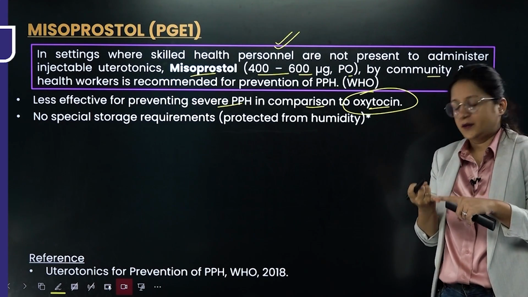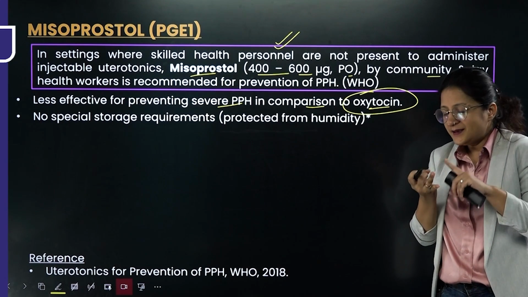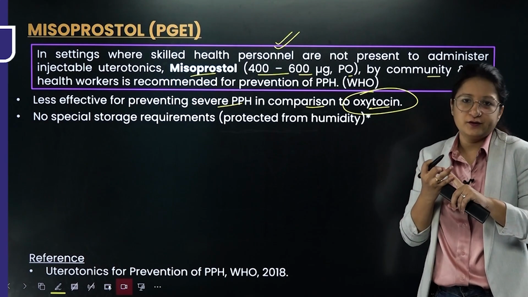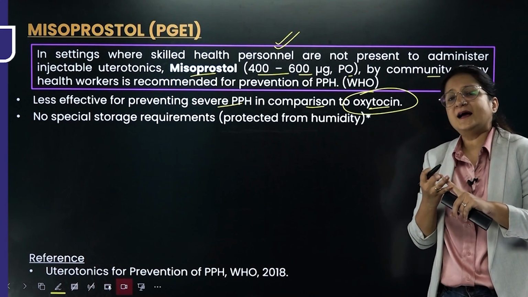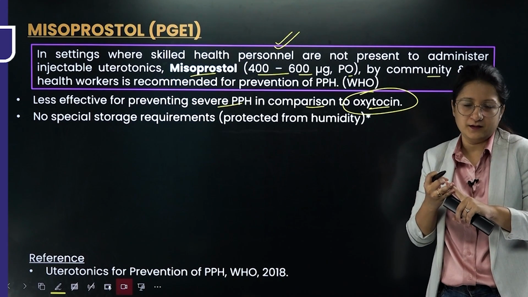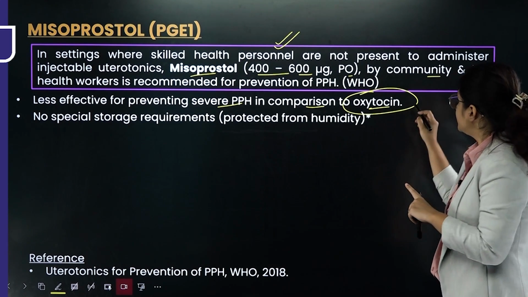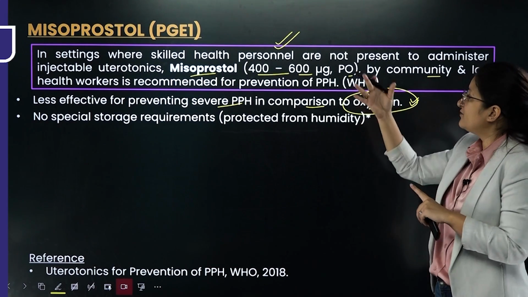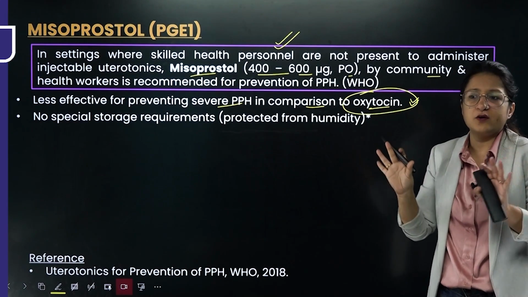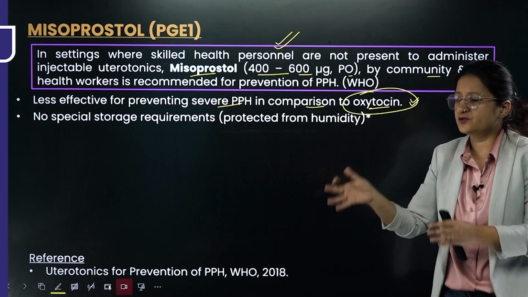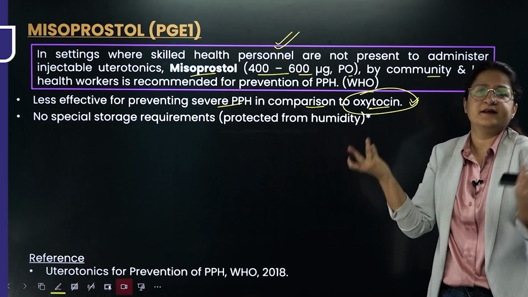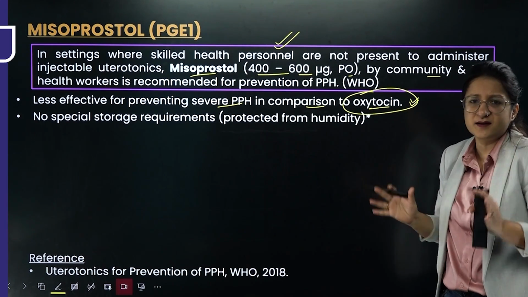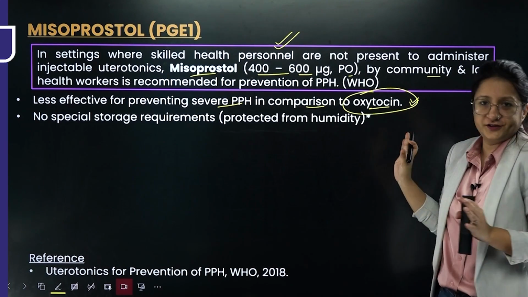With oxytocin, with methergin, these are drugs that need to be stored in the refrigerator to increase their shelf life at 2 to 8 degrees Celsius. For oxytocin, it is very, very important to maintain the cold chain. So there could be a peripheral healthcare center where the refrigerator is not there, where the refrigerator is there, electricity is not there, or the refrigerator is not working, or whatever be the reason for the failure of the cold chain.